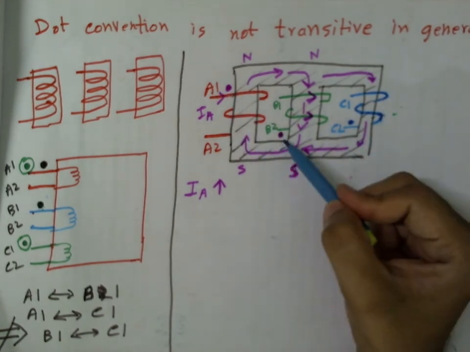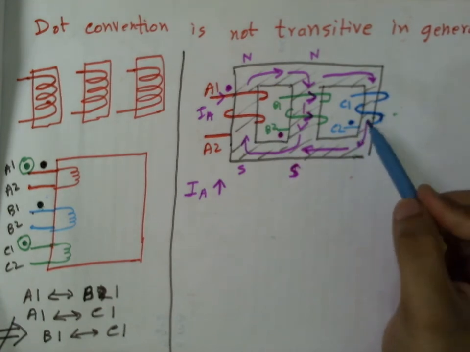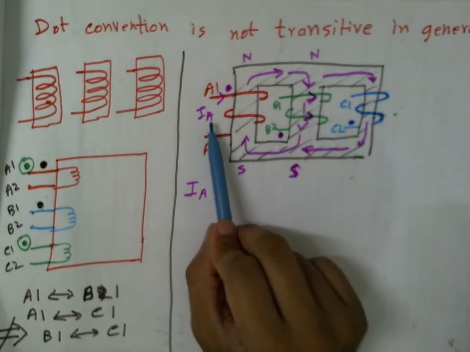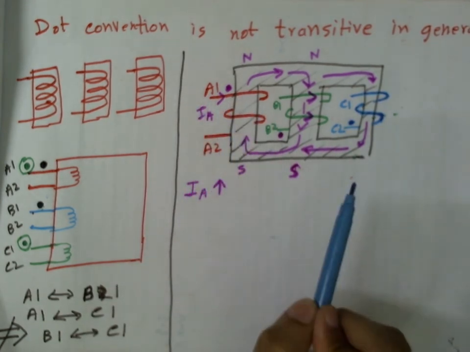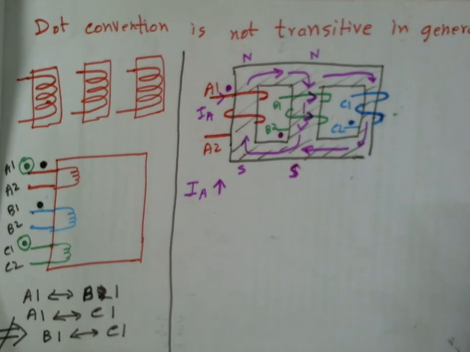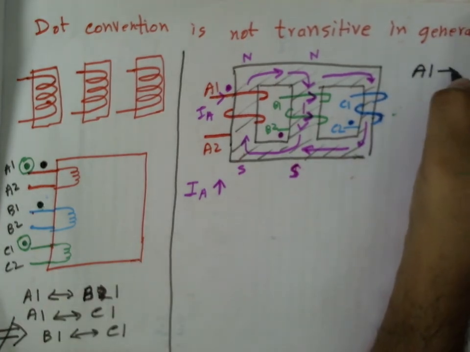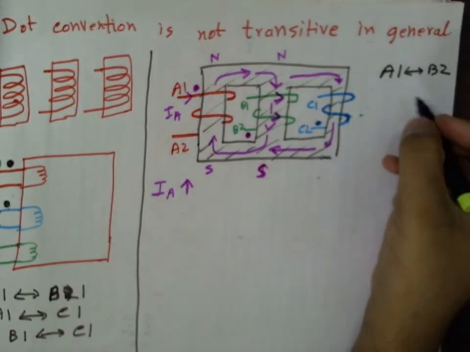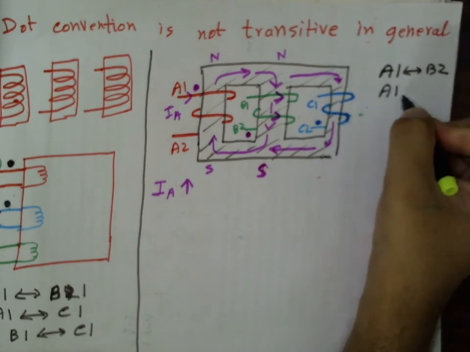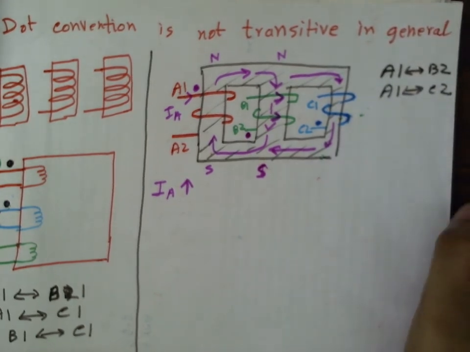So A1 and B2 have similar polarities. A1 and C2 have similar polarities when a current IA is increasing, right? So we see here that A1 and B2 are similar, A1 and C2 are similar.